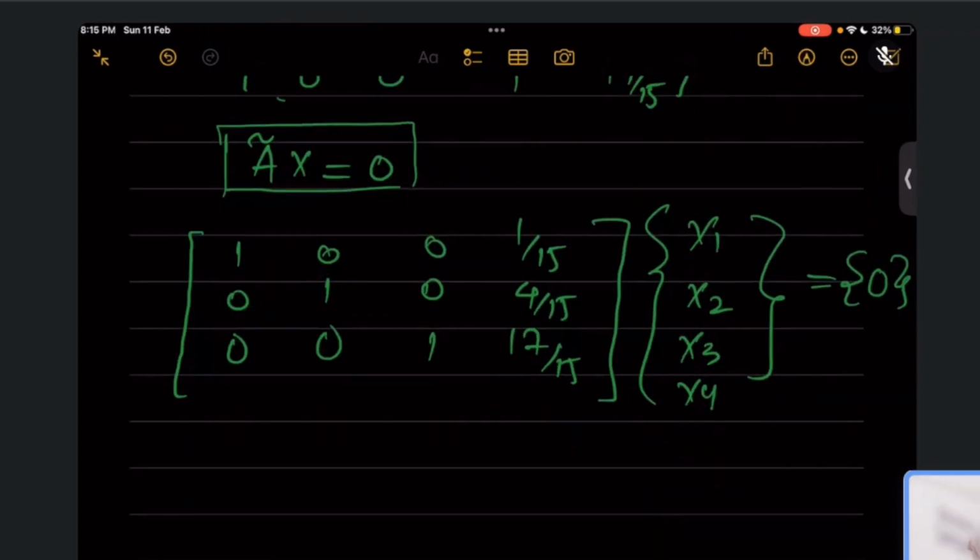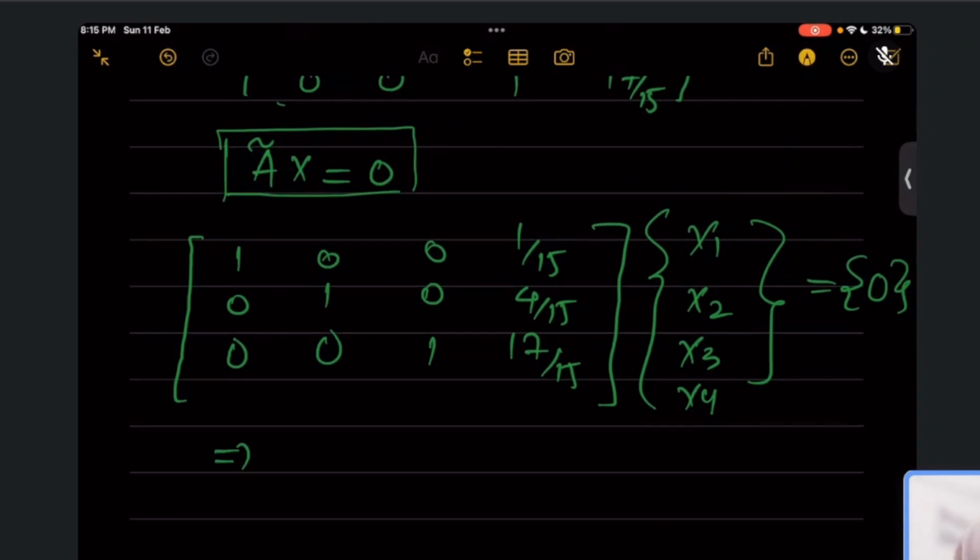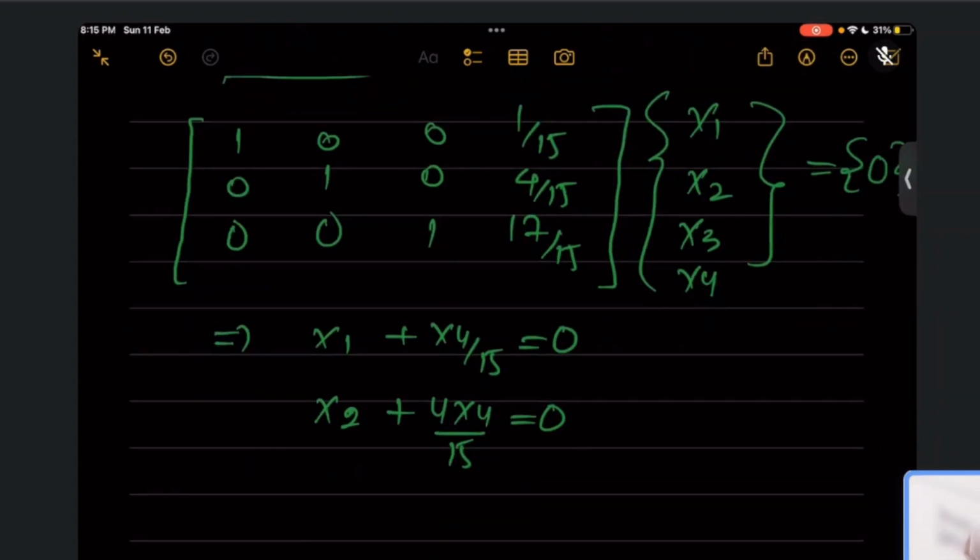From here, the first equation is x1 plus x4 by 15 is equal to 0. Next is x2 plus 4 times x4 by 15 is equal to 0. Third is x3 plus 17 by 15 x4 is equal to 0. You understood how we get this?